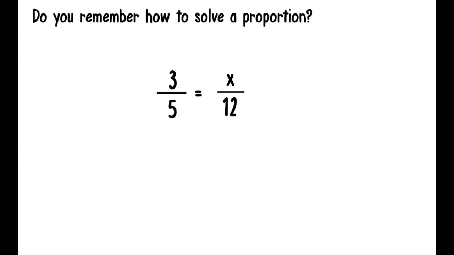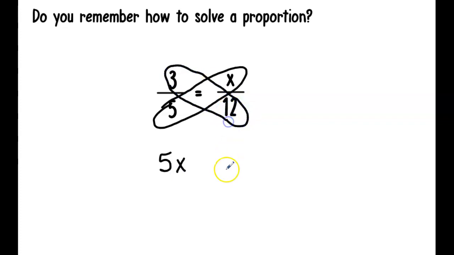How many of you remember from a previous unit how to solve a proportion? There were two steps. In order to solve this proportion for the value of x, we were cross multiplying, so we would end up with 5x here, cross multiply here, and that equals 36.